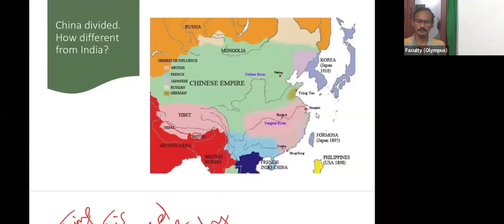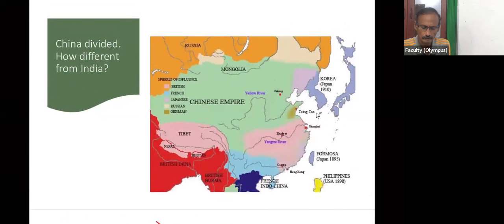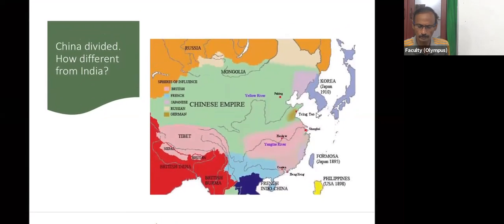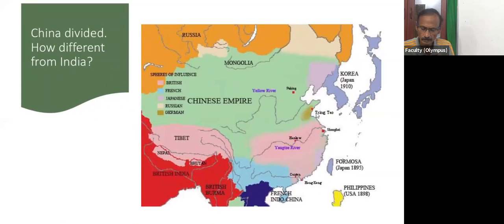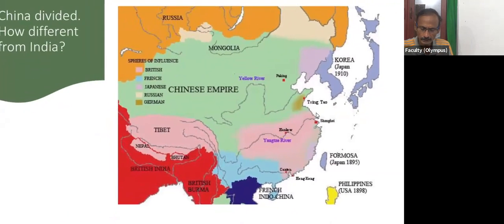This is China in a pre-modern era. China was divided. It was not colonized by any one European country, but many countries had occupied or had control over different regions of China.